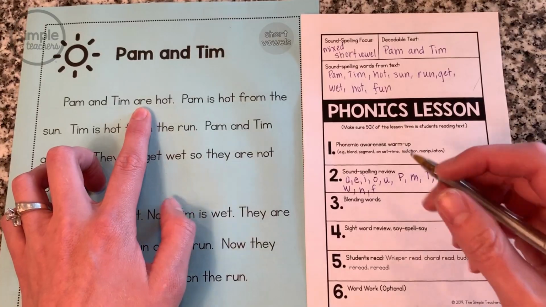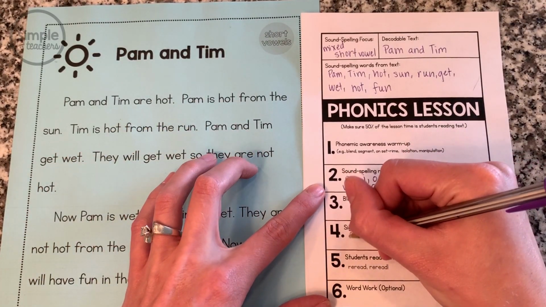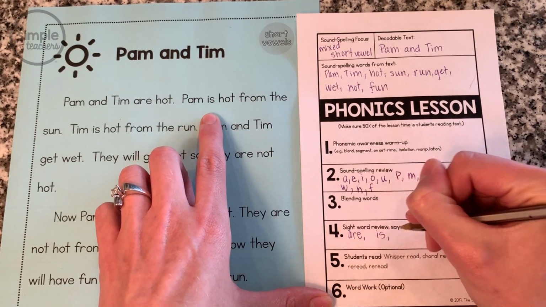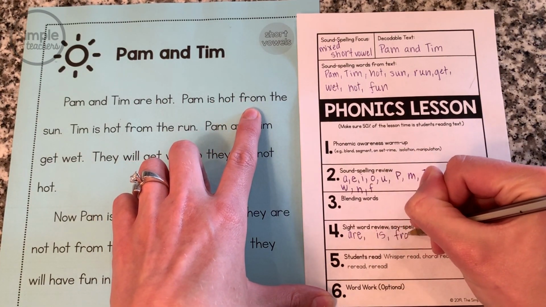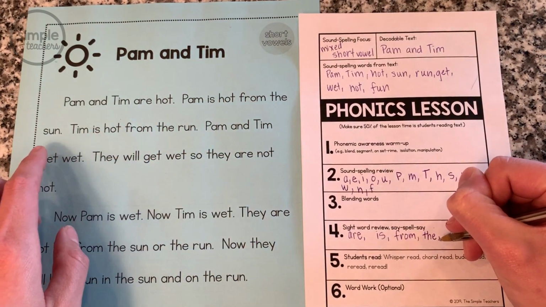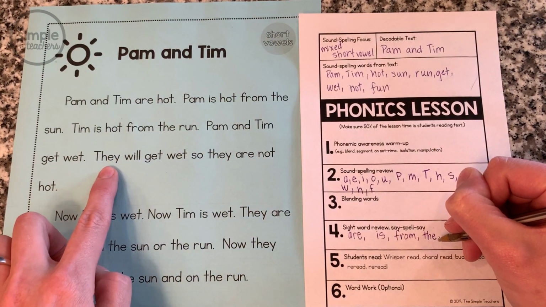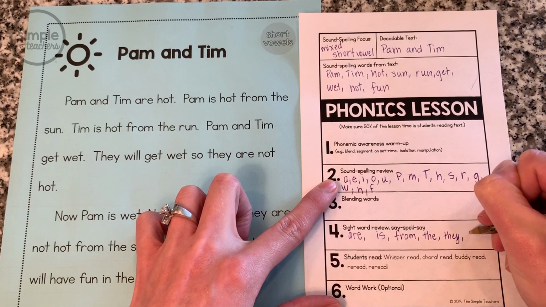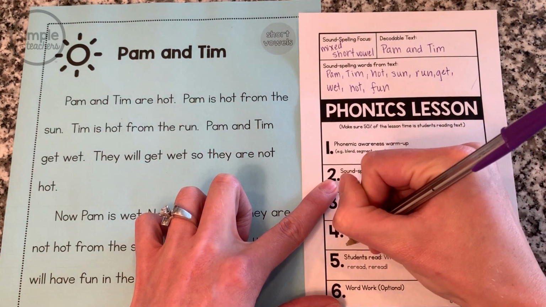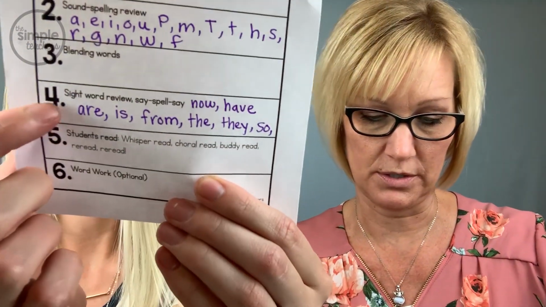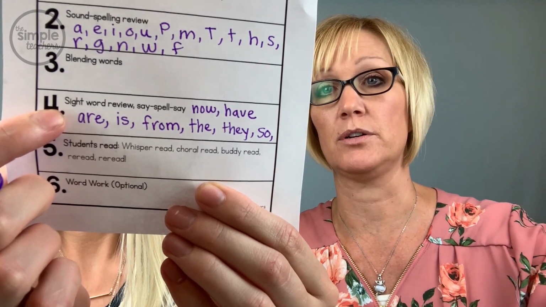So we have the word are, is, from, the, they, I don't know that one for sure. Now, haven't learned now, and have, that one's for sure irregular. All right, so there's my list of sight words or irregular words.